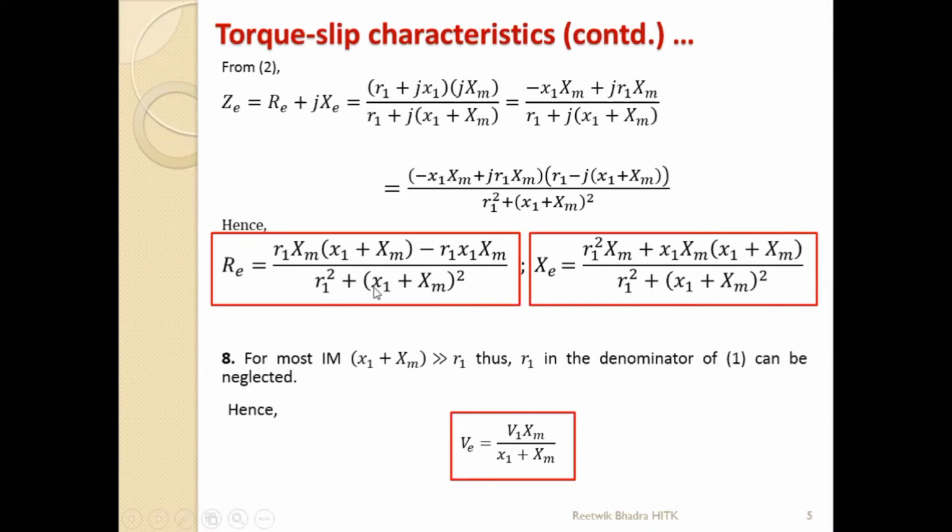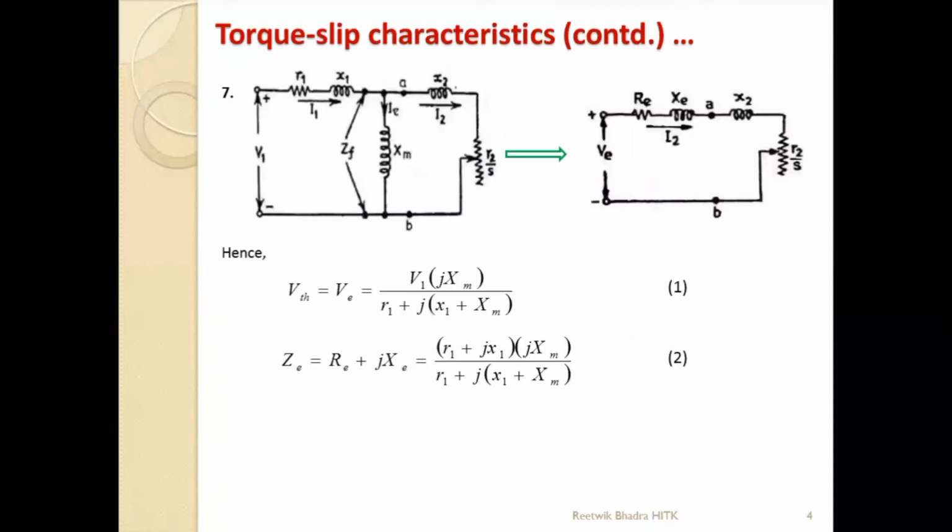So XM plus X1 will be very much greater than this value. If you do the square, again this quantity will become much lesser than this quantity. So this can be neglected. We will make some simplifications according to that. So X1 plus XM is greater than R1. So R1 can be neglected from the denominator. Now I'll go to the previous one.